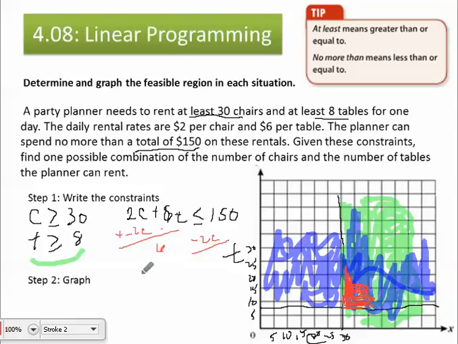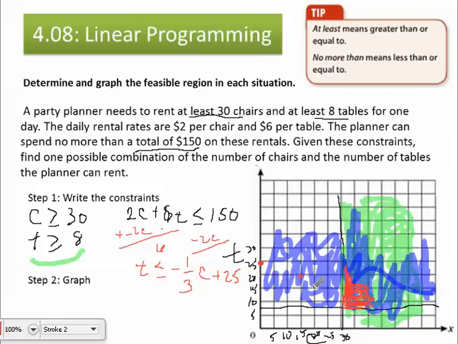What I'm going to wind up with is that T is less than or equal to negative 1/3 C plus 25. That tells me there's a point right here at 25 that we're going with. And for every unit down, I'm going to go over 3. 1, 2, 3.